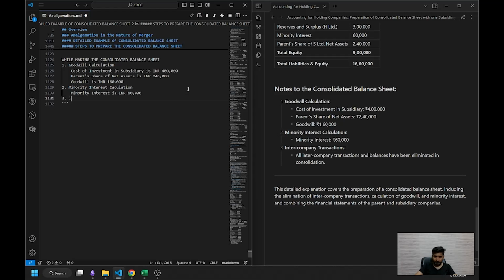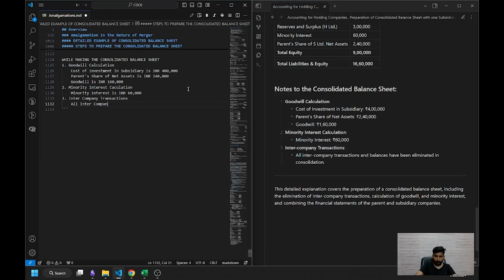And lastly, the intercompany transactions. What are these?